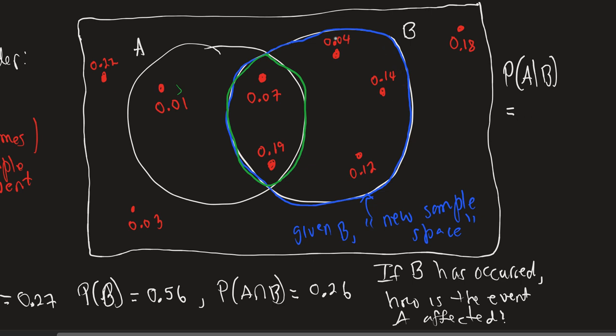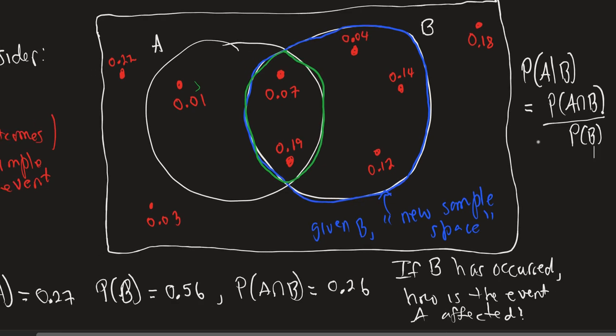Based on what I'm saying, we would find the probability of A intersect B, that's what's in the green, and then divide it by what's in the blue, the entire blue, that's just the probability of B. Because now the probability of B essentially represents my new sample space. And this is actually our definition for the conditional probability.